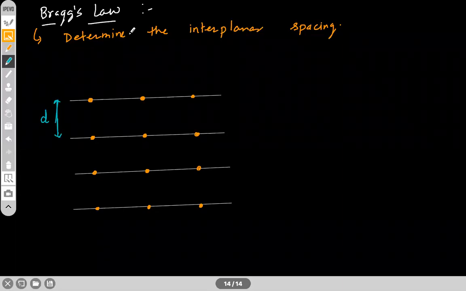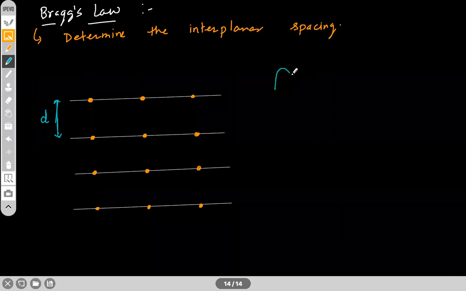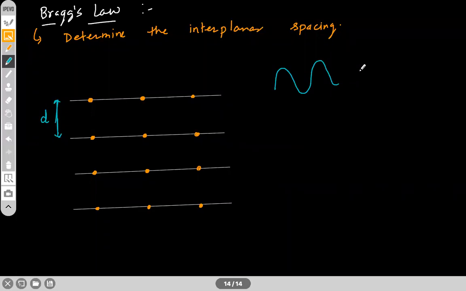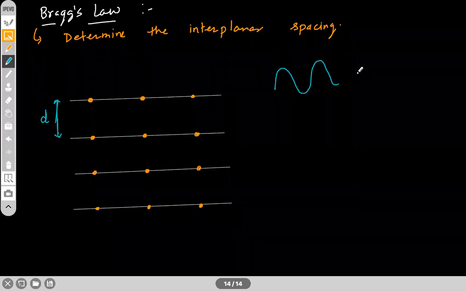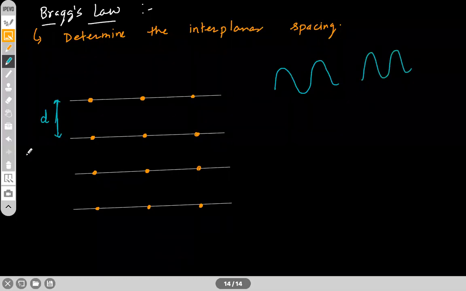That is the interference of the wave, light wave. Two types of interference we have. One is constructive, the other one is destructive. Constructive interference is what? Suppose you have one wave goes like this, and another wave which is like this.